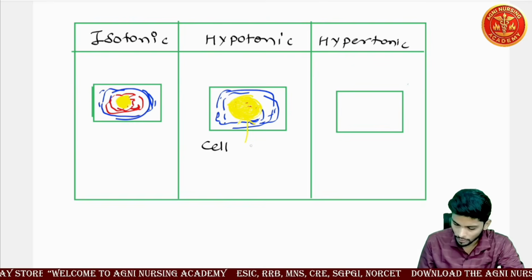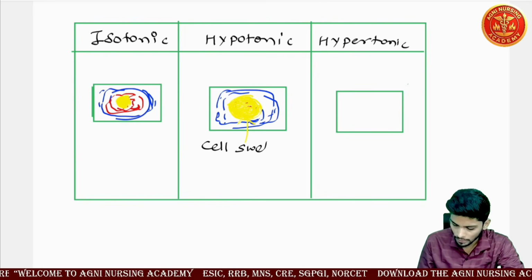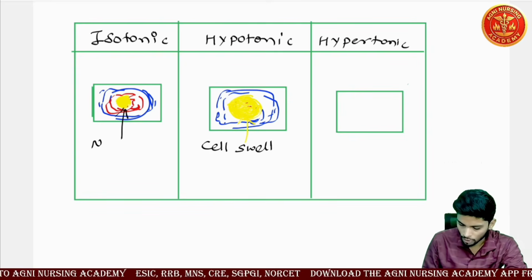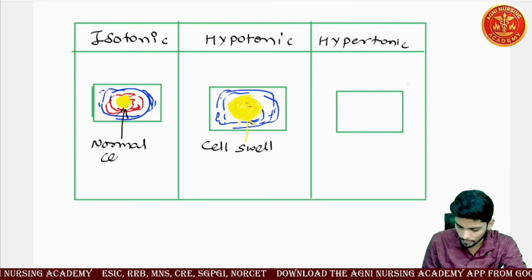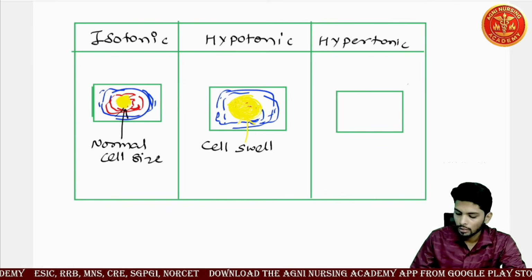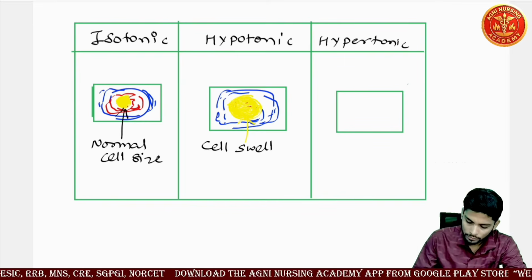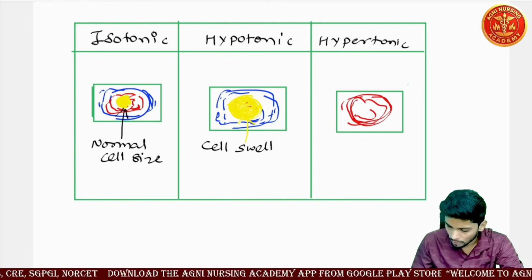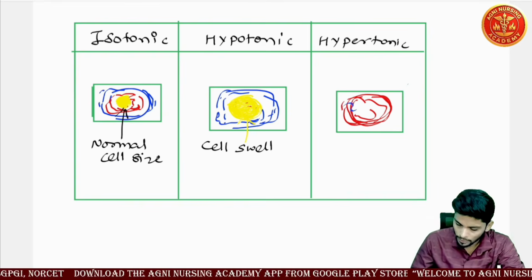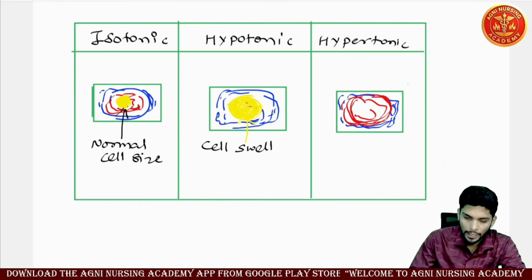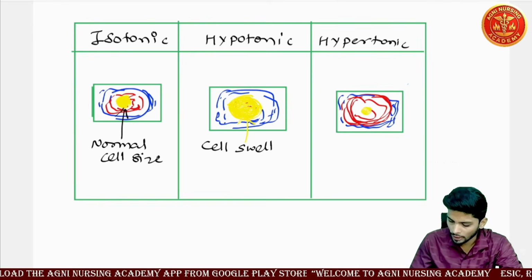So in hypotonic solution, the cell is going to swell. Here is the normal cell size. And in hypertonic solution, the concentration of solute is more than the concentration of solvent, so the cell will shrink.